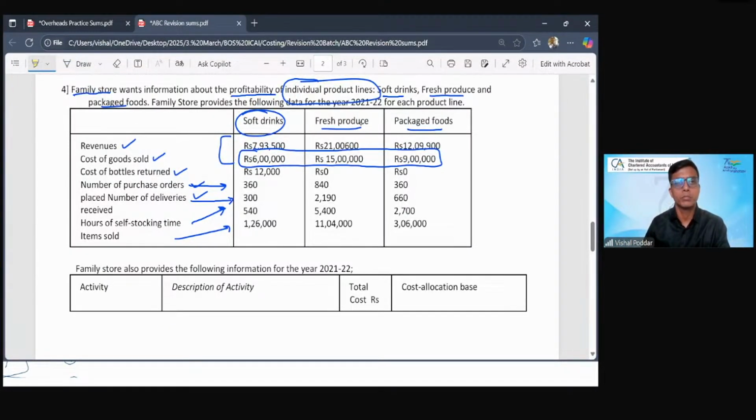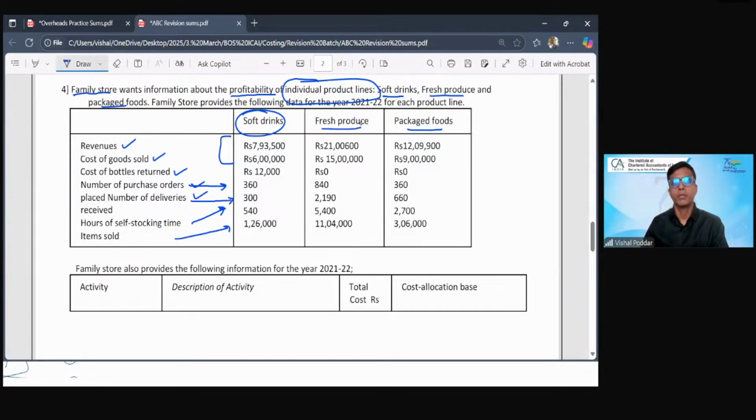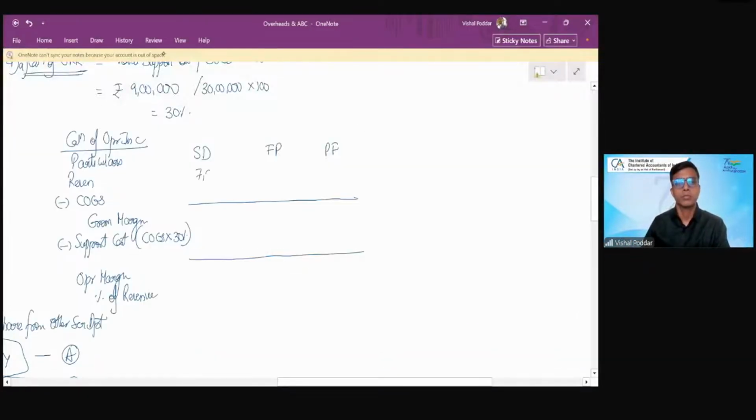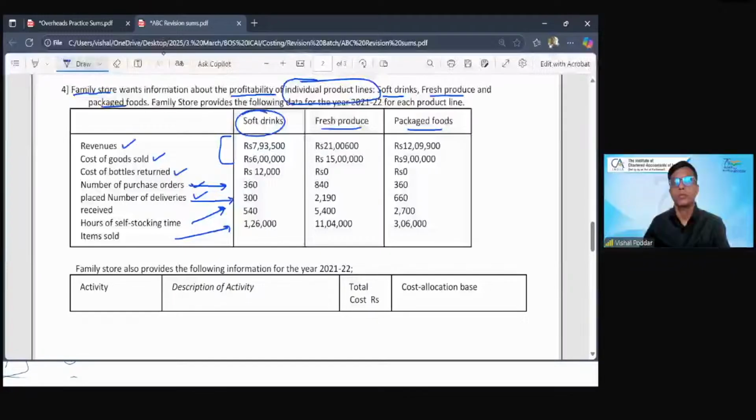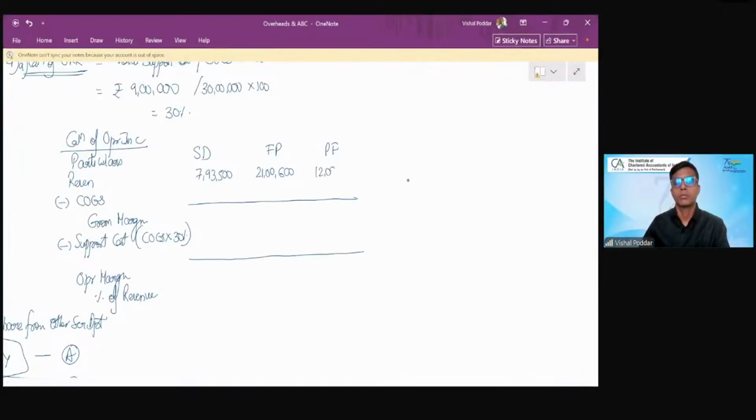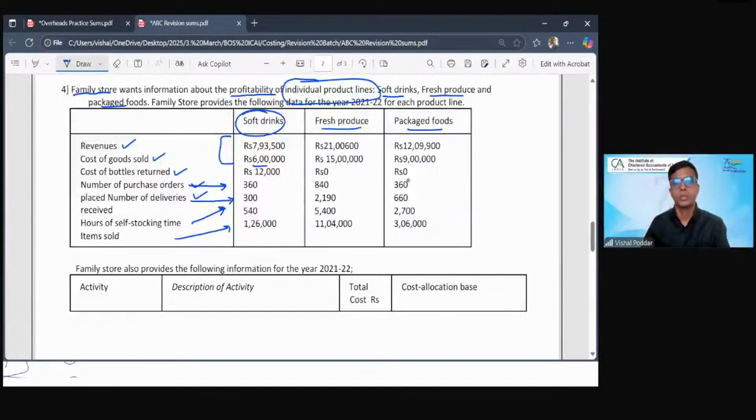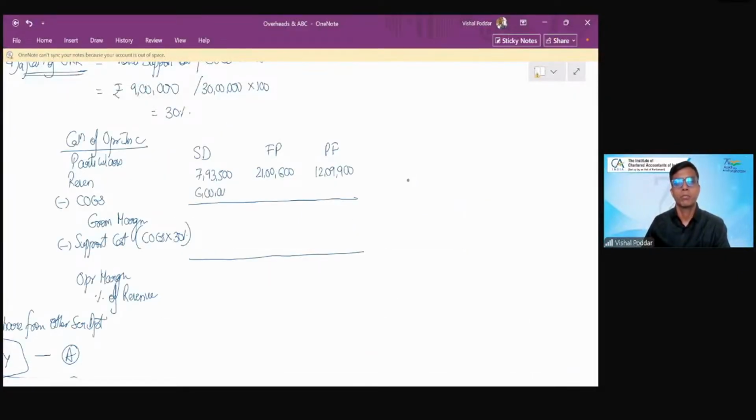See, 793,500. 21,600, 12,099. COGS 659. Now, 30% of this is my overheads, which I'm charging.